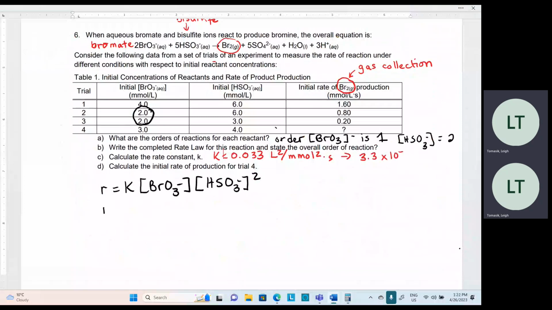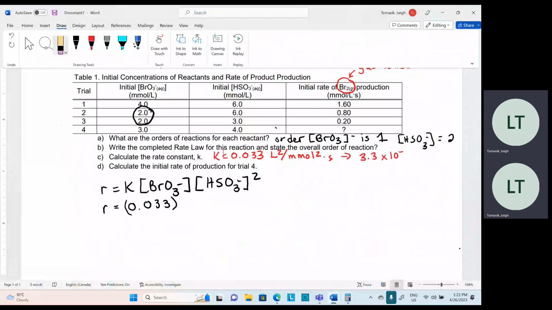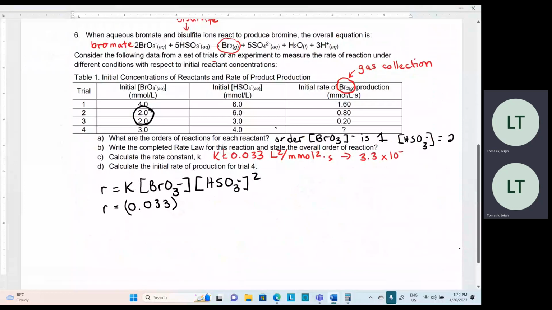And then we're going to fill everything in. So K is 0.033. And the concentration of bromate for trial 4 is 3.0. Oh, we should use units, because it should work out to millimoles per liter second.